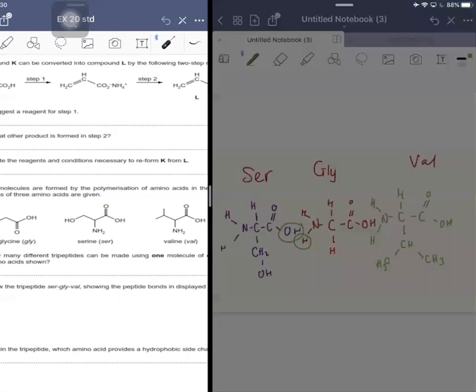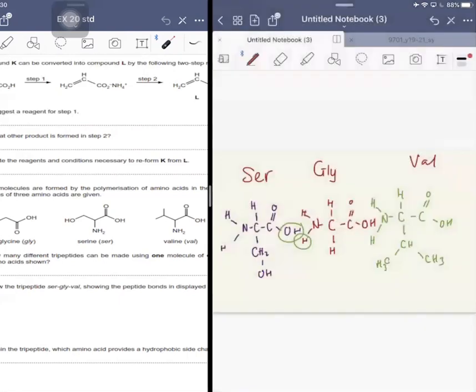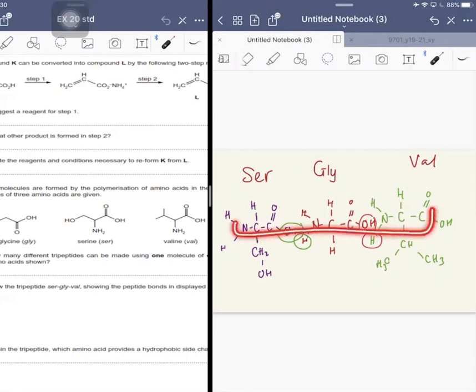The other side, same thing, you lose the OH of the COOH and the hydrogen of the amine. You will release water, H2O, but the new bond is formed between carbon and nitrogen. If you look at this straight line, you will see a repeating unit of NCC, NCC, and NCC. I'll leave the drawing for you to do later.